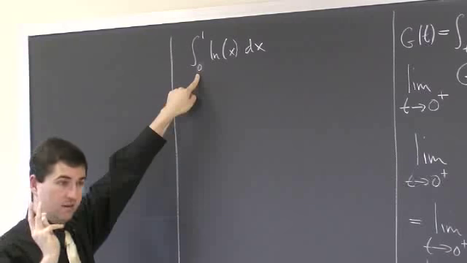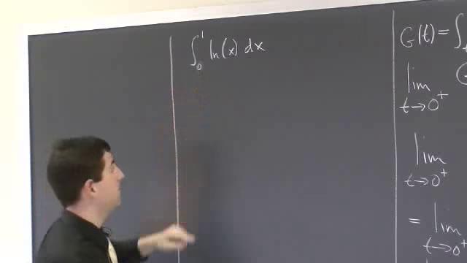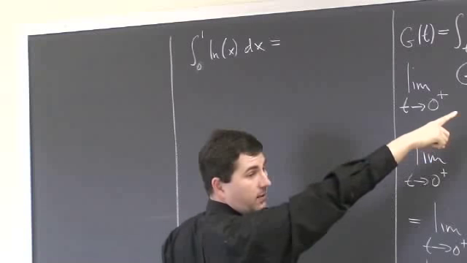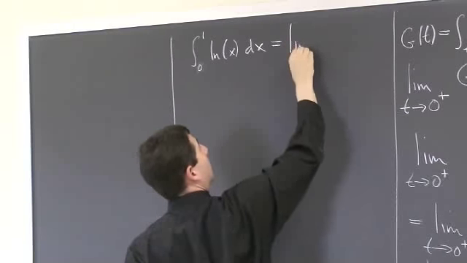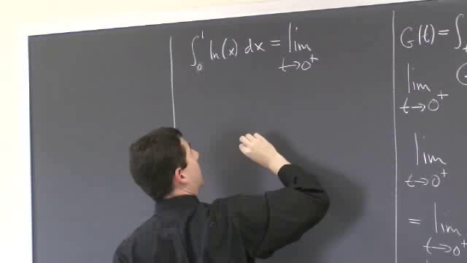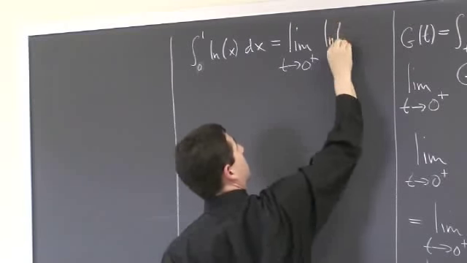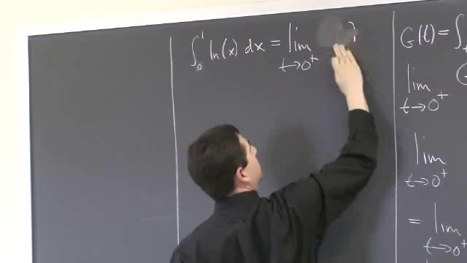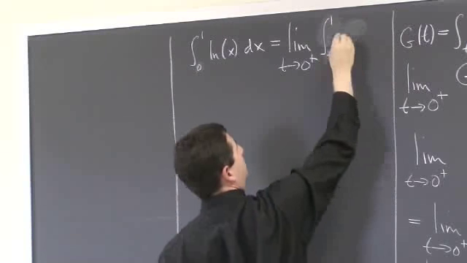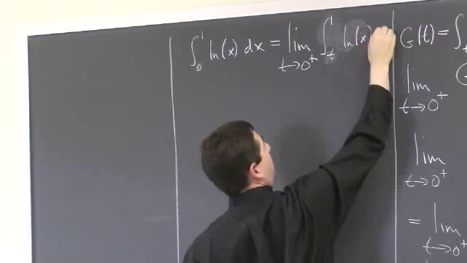So we can't just evaluate this directly. So we have to use this limit definition. The limit now is t goes to 0 from the right. Whoops, forgot our integral. Integral from not 0, but now t, ln of x dx.